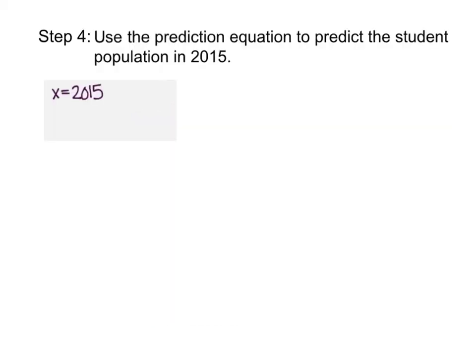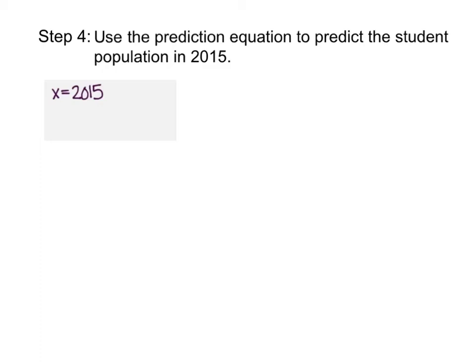I'm now going to take the prediction equation that I wrote from my trend line, and I'm going to use that to predict the future student population in 2015. This means that x is 2015. If you think back to how we drew our graph originally, we put years on the x-axis.